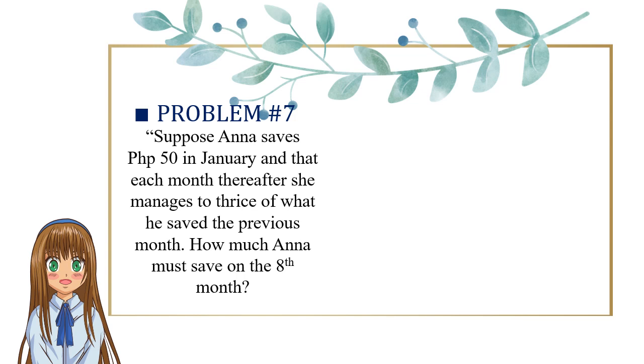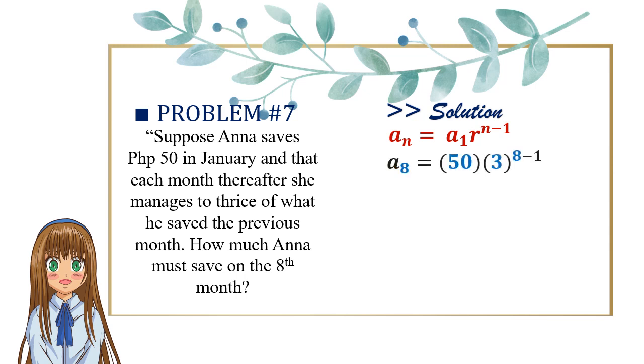So for our answer in this problem, we are going to look for the specific value of the 8th term, and so we are supposed to use the general formula for geometric sequence. So we have here, and substitute all the data necessary. Okay, so I have here our ratio is 3, and so let's get 3 raised to 7, that is 2,187.